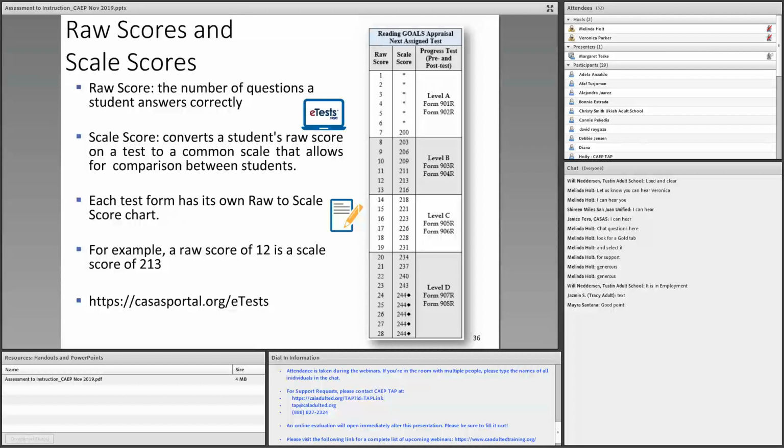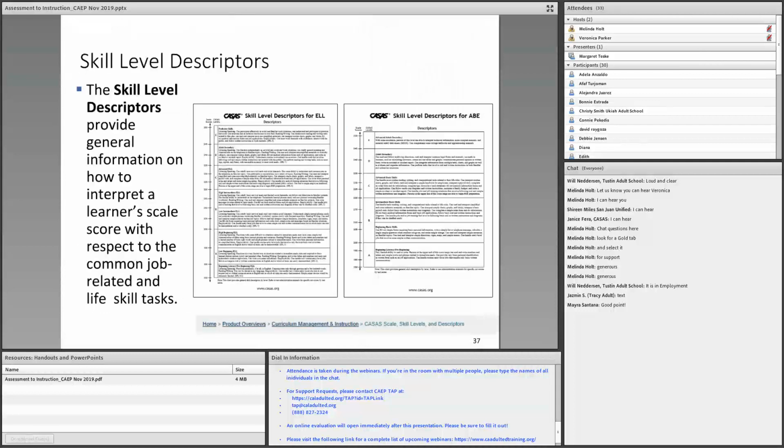If you want to know more exactly about how to read scale scores and what levels they are, I'll refer you to the CASAS portal or the CASAS website, either one. We do have skill level descriptors for ELL and for ABE.